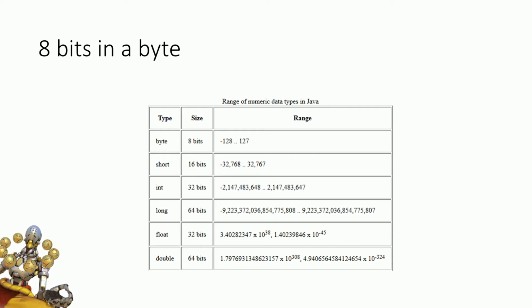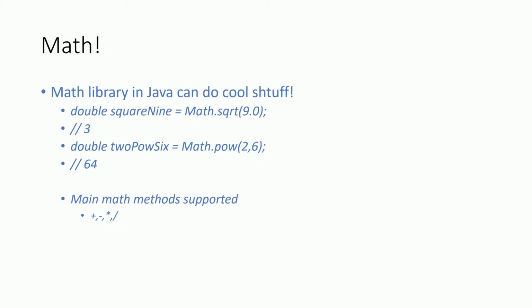Hopefully that clears things up a little bit and broadens the horizon of what Java has to offer. Moving along with some of the numeric stuff, we can't help but talk a little bit about math. Java has what's called a math library. Libraries allow you to do cool stuff that Java has or other people have implemented, which saves us time from having to implement it ourselves.